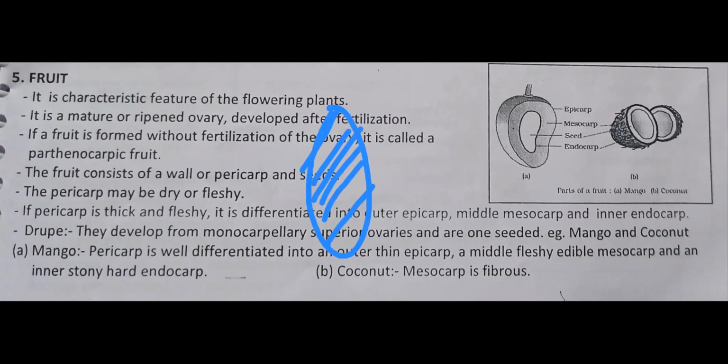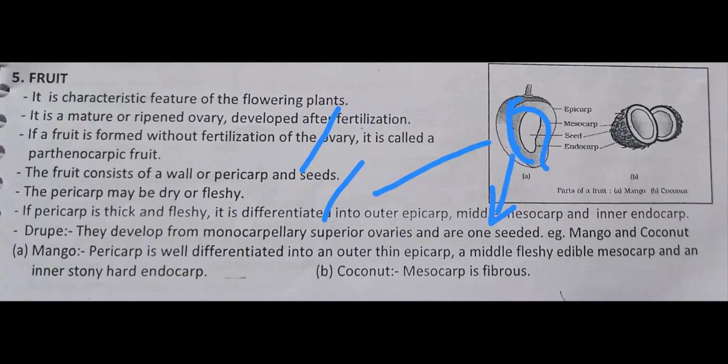Fleshy means juicy in nature. Take mango, the entire fruit wall of mango is juicy in nature. In comparison, almond and nuts, in all of them the fruit wall is dry. So pericarp may be dry or fleshy.